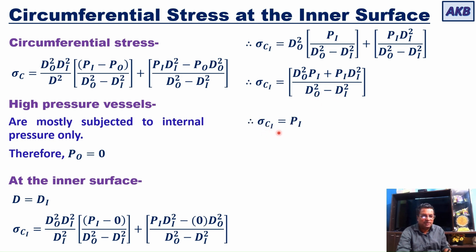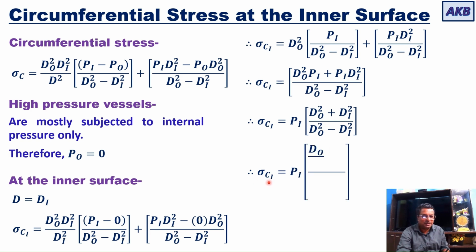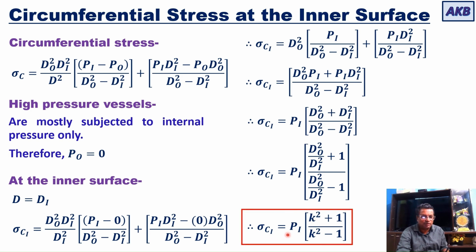In the next step you can take Pi common, so it will be dO square plus di square upon dO square minus di square, and if you take di square common from numerator and denominator, you have sigma Ci is equal to Pi into dO square upon di square plus 1 over dO square upon di square minus 1. That is sigma Ci is equal to Pi into k square plus 1 divided by k square minus 1, because dO upon di is denoted by k. That's why sigma Ci will be equal to Pi into k square plus 1 divided by k square minus 1.